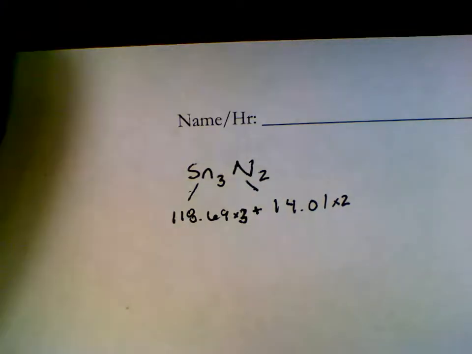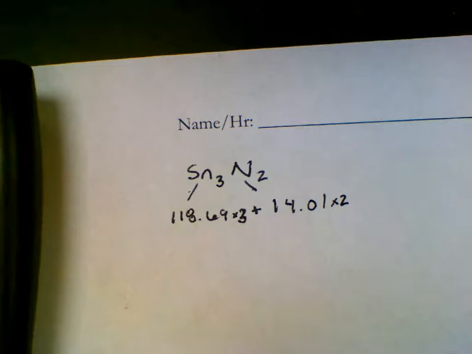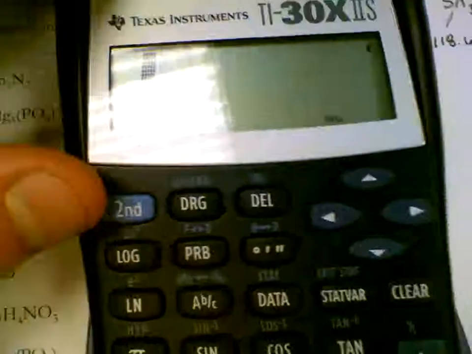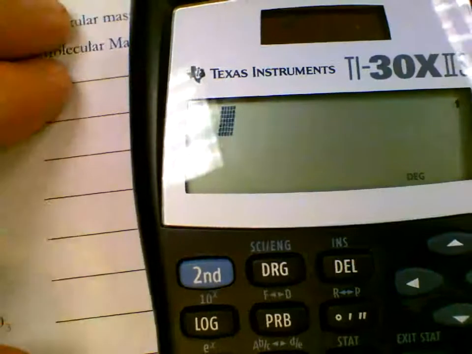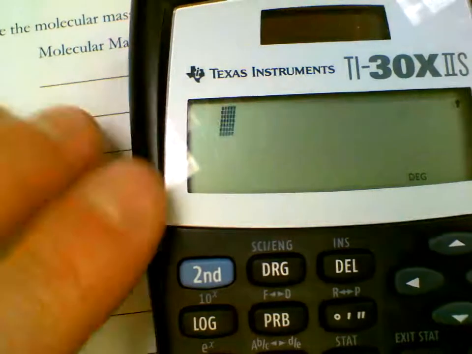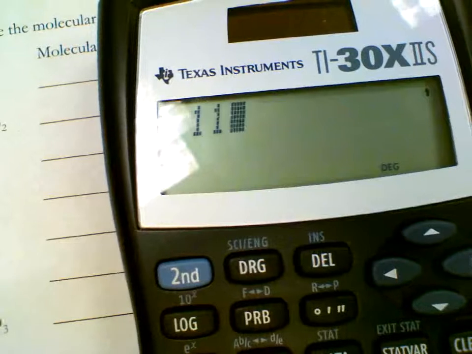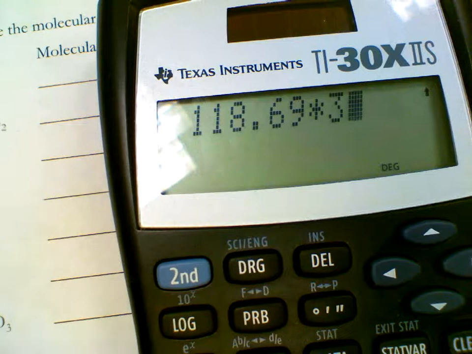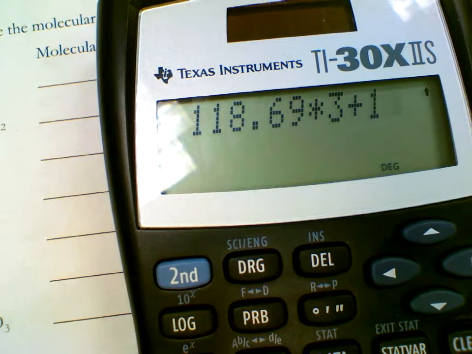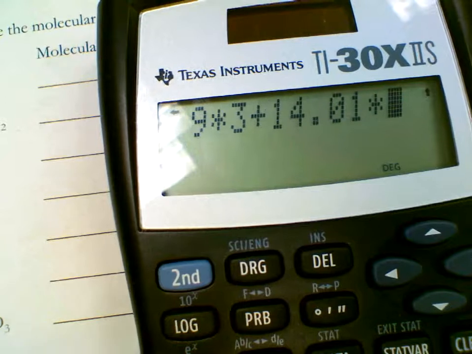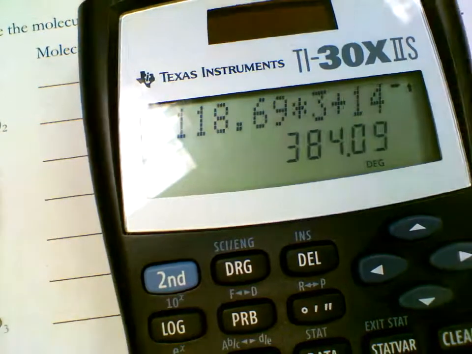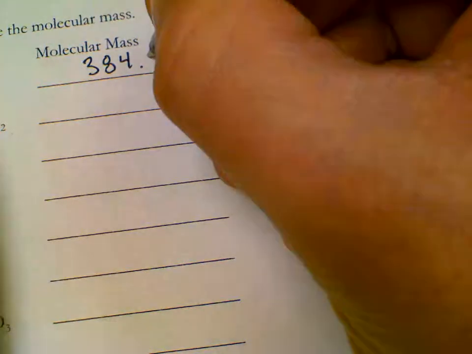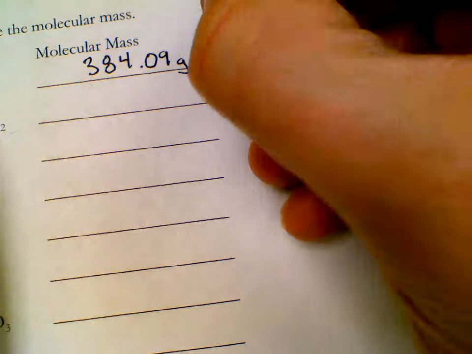I'm going to plug that all into my calculator, showing you how we can use our calculator to help us here. 118.69 times 3 plus 14.01 times 2, and that equals 384.09, and that's grams per mole.